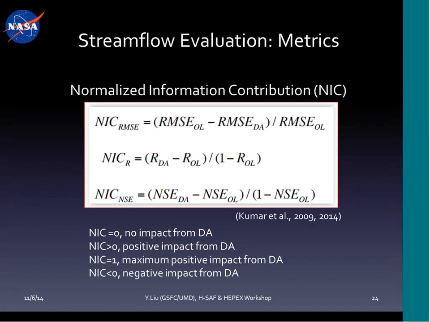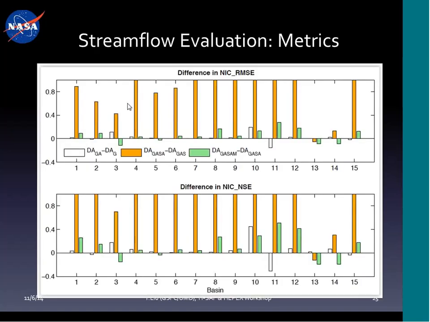So you'll be looking at the improvement from DA relative to the open loop. If NIC is equal to 0, then there's basically no impact from DA. If it's greater than 0, it's a positive impact from DA. And then the maximum, of course, is 1. You cannot get higher than 1. And if it's negative, then you get a negative impact from DA.